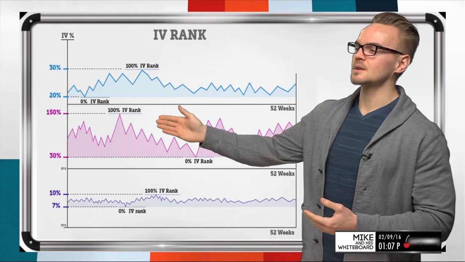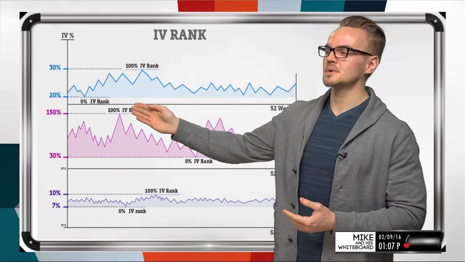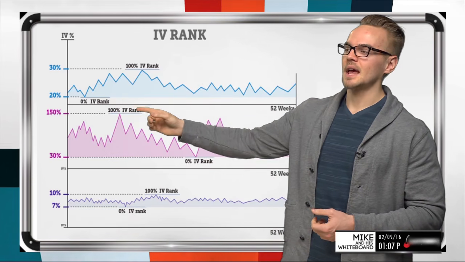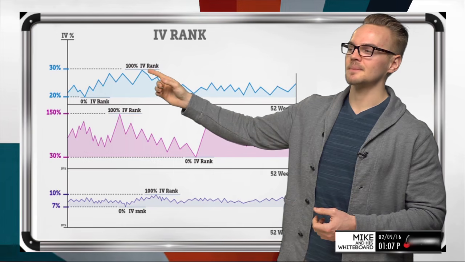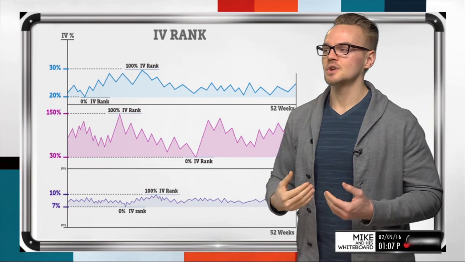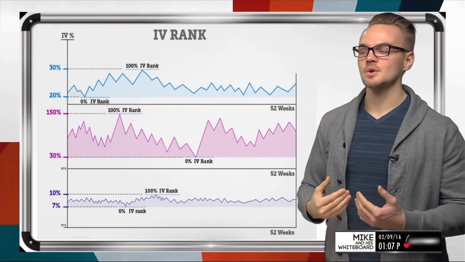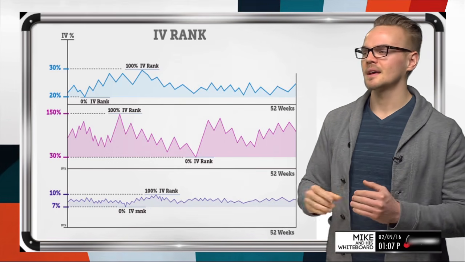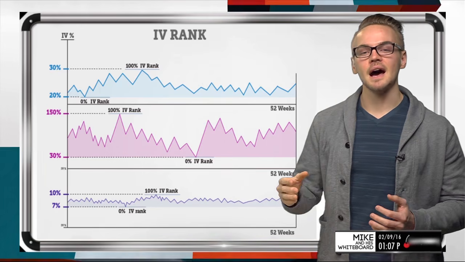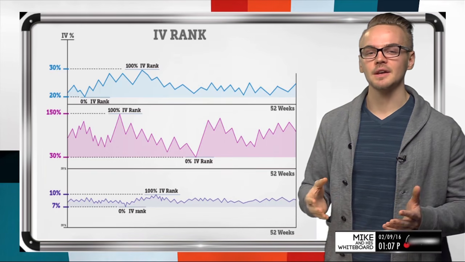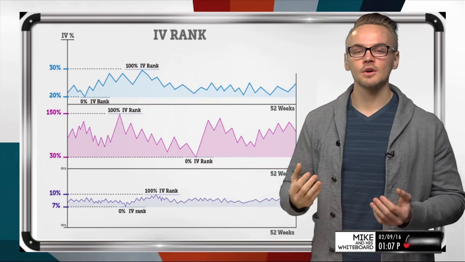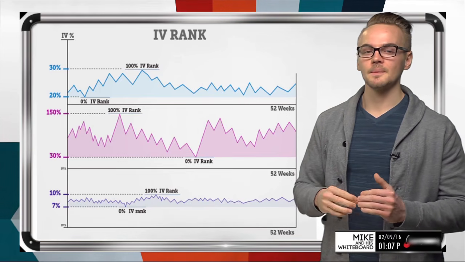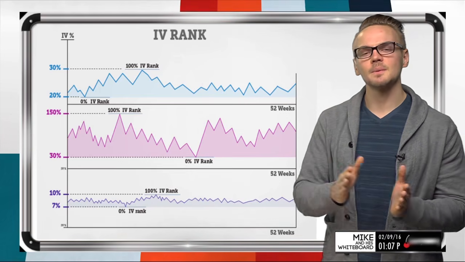So basically what we did here to find the IV rank is we looked at the low point, which would be right down here at 20%, and we're measuring that against the high point, which is 30%. When we're looking at IV rank, it's going to take that 20% low, assign it a 0 value, and go to the 30% high and assign it a 100 value. Now we would look at the current implied volatility, measure that against the low of 0 and the high of 100, and that's where we get our rank.